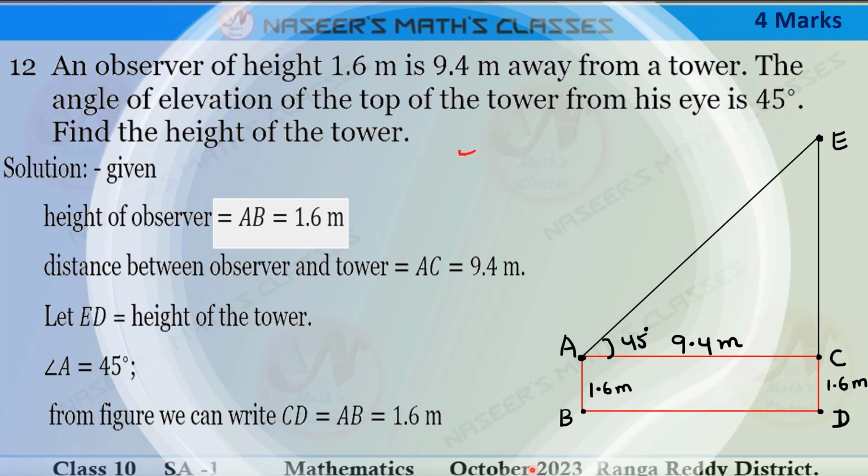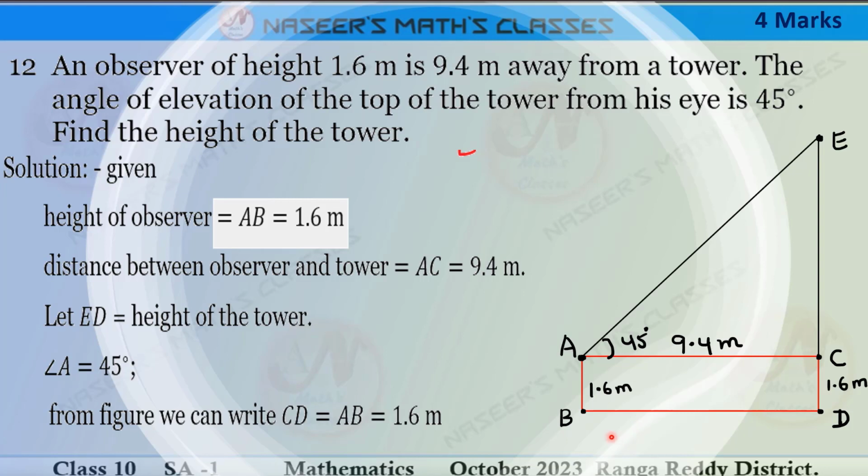So from the given data, we can write AB is equal to 1.6 meter. This is the height of the observer. And we have a tower which is DE. And he makes an angle of elevation of 45 degrees from his eye. That is, angle A is equal to 45 degrees.